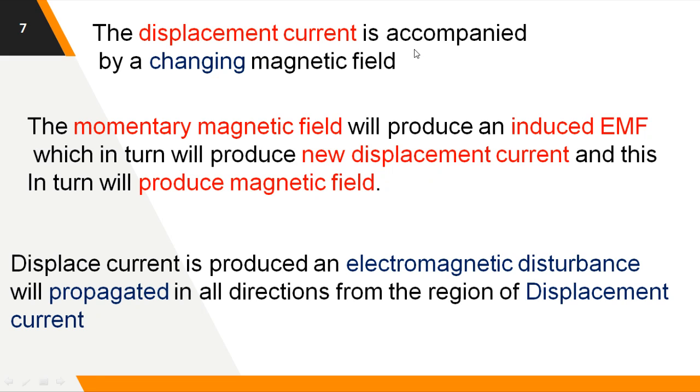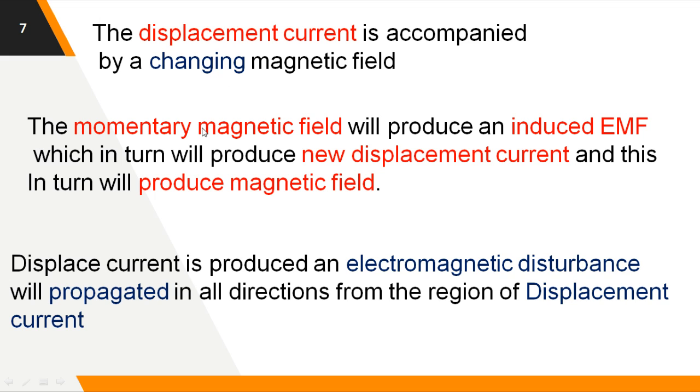The displacement current is accompanied by a changing magnetic field. So whenever the electric field varies, displacement current is produced. Whenever there is a current, a magnetic field is produced.